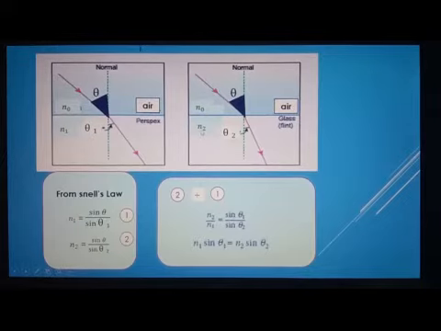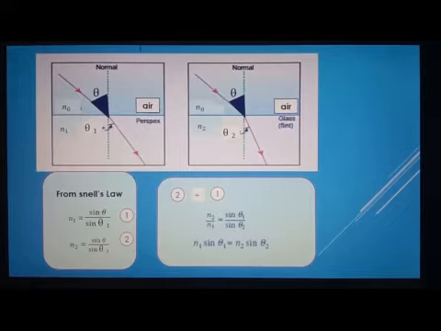And then n2 equals sine theta, the angle in air, divided by sine theta 2. So we have two equations here, 1 and 2. Now I want to relate n1 and n2. So what I do is take equation 2 divided by equation 1. So I get n2 over n1 equals sine theta 1 divided by sine theta 2.